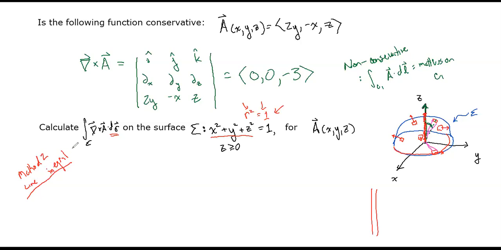And of course, the first thing that you do before embarking on that is you say, the reason I'm able to do this is Stokes' theorem, where the integral over some surface of the curl of a vector function is equal to the closed line integral around the boundary, A dot dl.